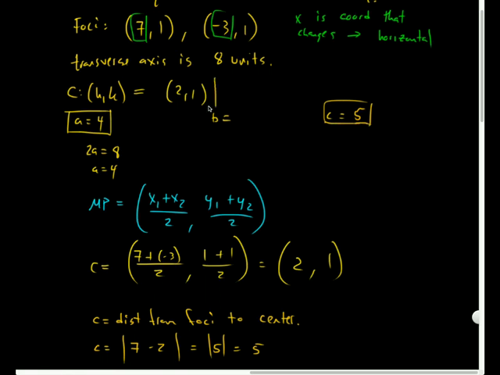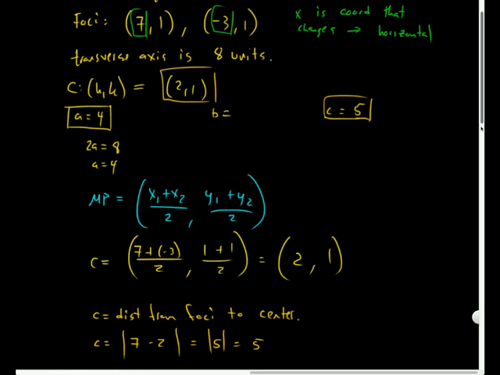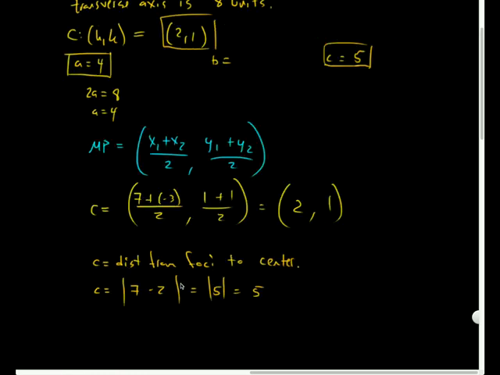So I've currently got h and k, I've got a, I've got c. I technically don't need c to write the equation in standard form, but I need it in order to find b, which is needed. The last little fact that's going to help us is the formula a squared plus b squared is equal to c squared.